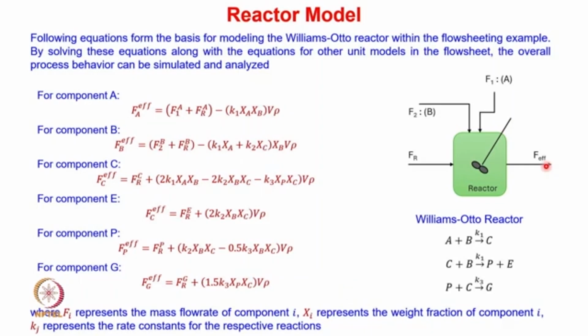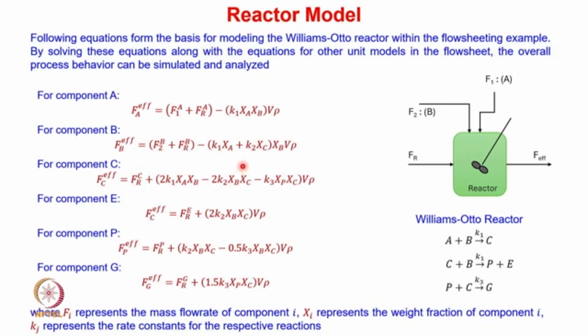So this gives us the mass flow rate of A coming out in the effluent. Similarly, we can write the mass balance for the component B in the effluent. That will be given by F2B plus FRB minus K1 XA plus K2 XC into XB V rho. Here F2B is the component B added to the reactor through stream F2, and FRB is the amount of B present in the recycled stream.